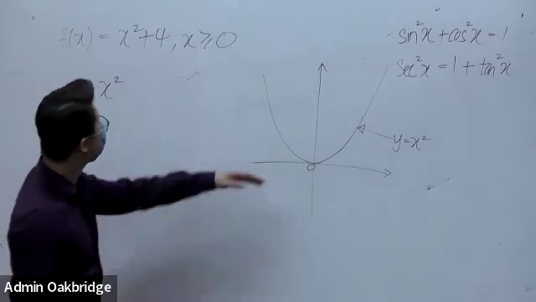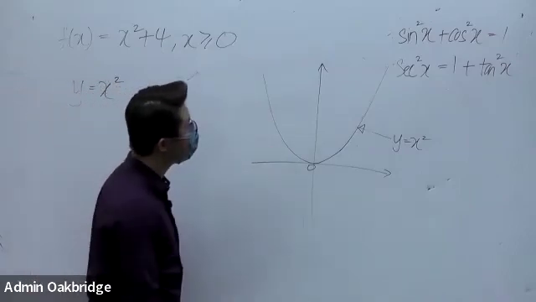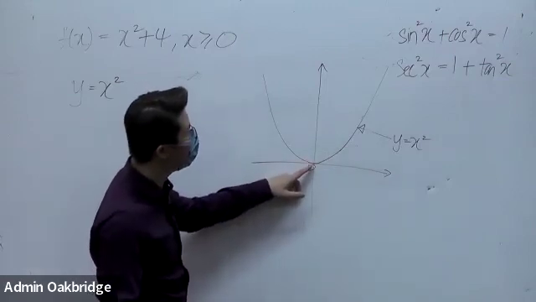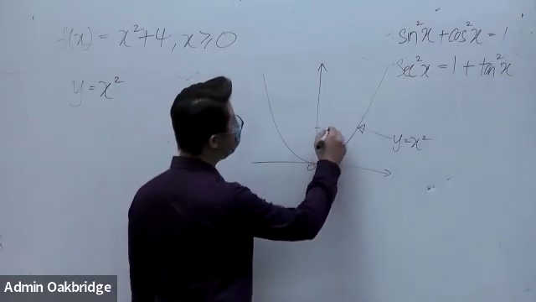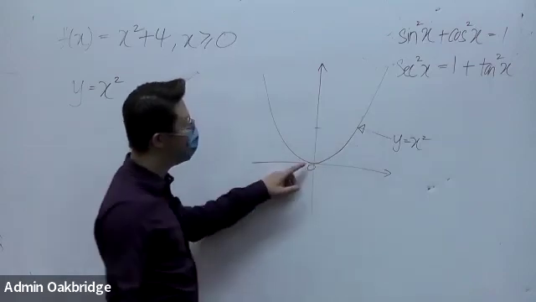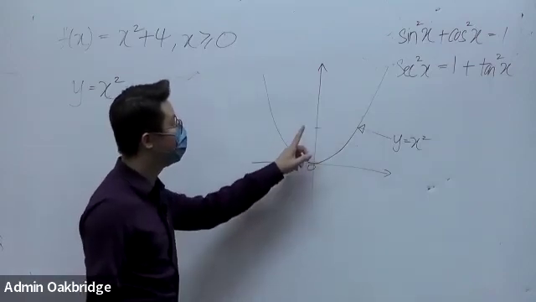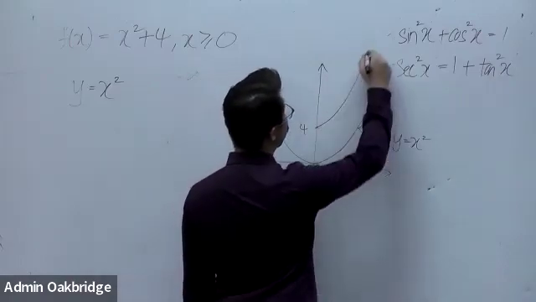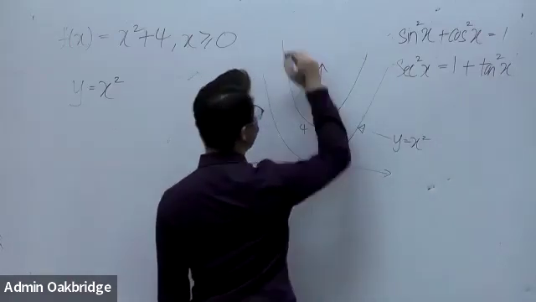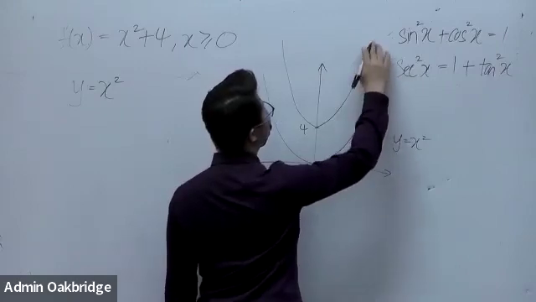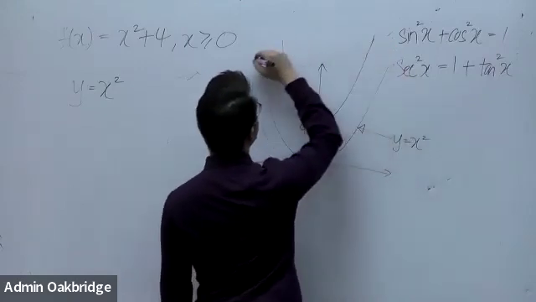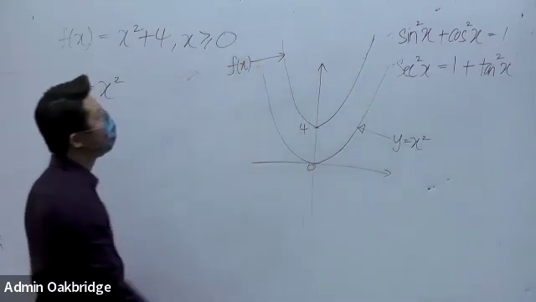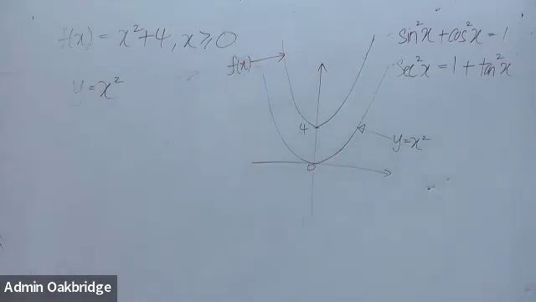So shift the graph upwards by 4 units. Now the minimum point here is no longer the origin. It will be at 4. The minimum point also shifted up by 4 units. This will be the function f. It's very important to have a sketch first.